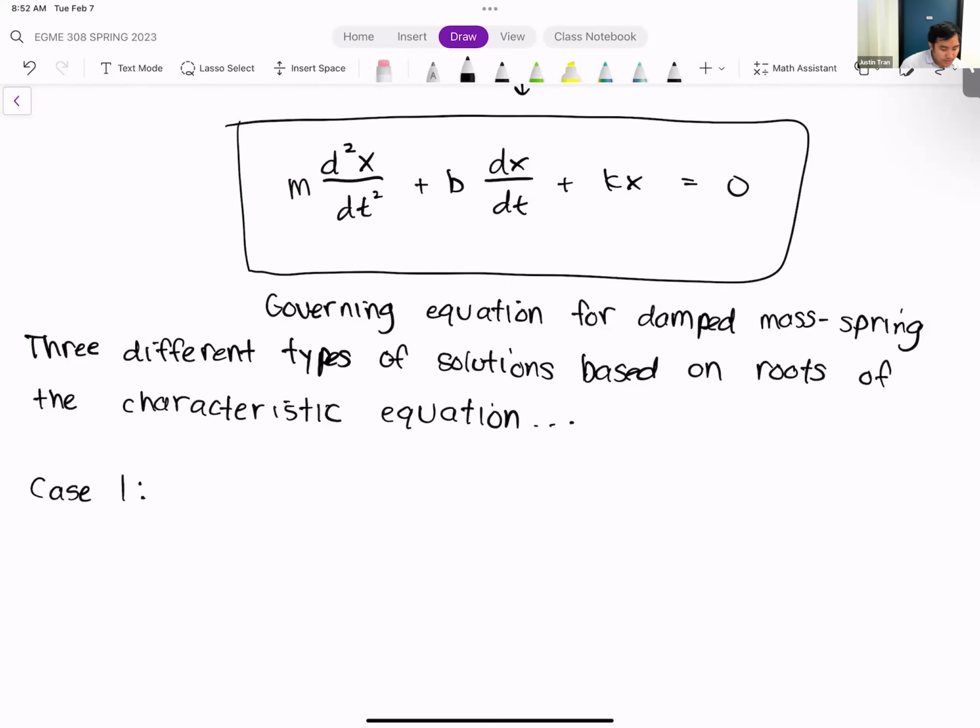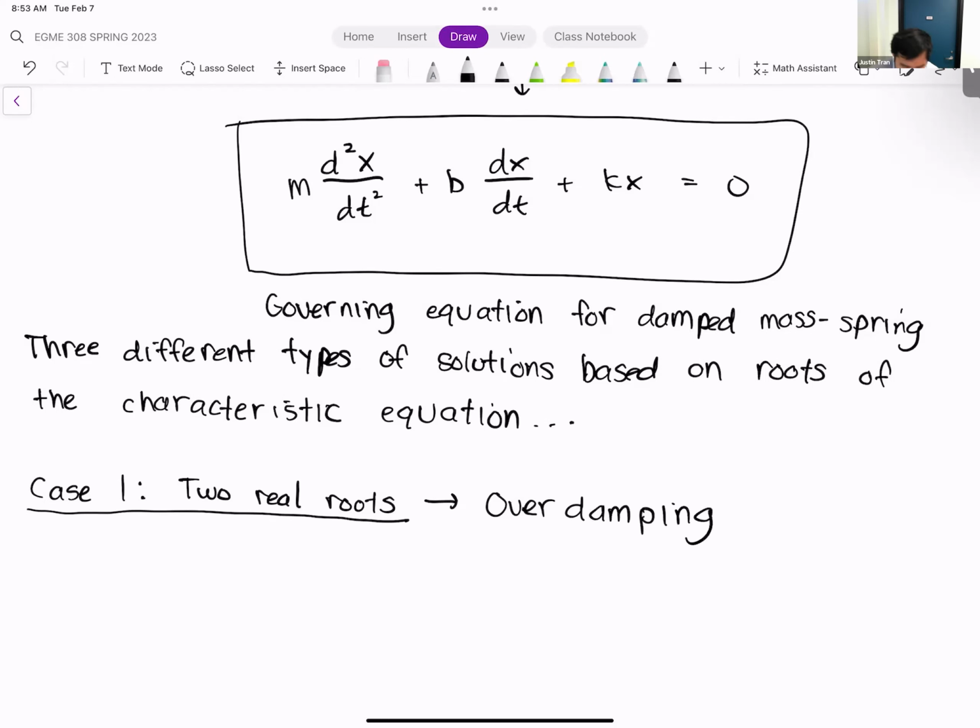Case one was the simplest case. This is when we have two real roots. Physically, for a mass spring damper system, if you have two real roots, we call this kind of system overdamping.